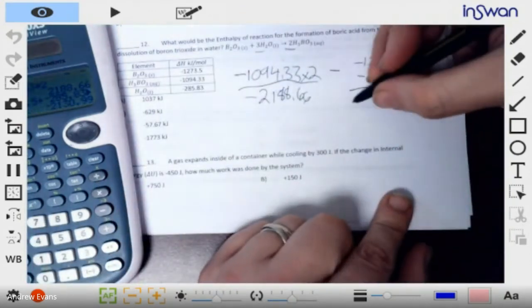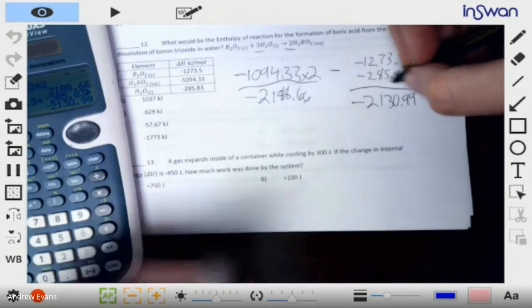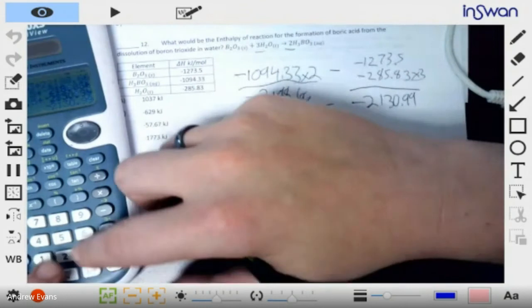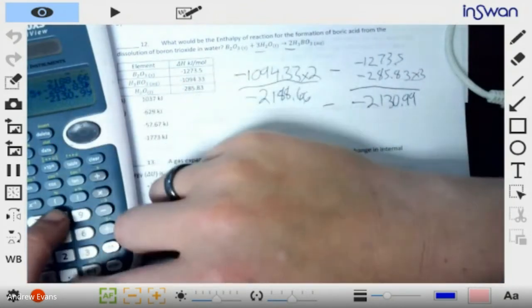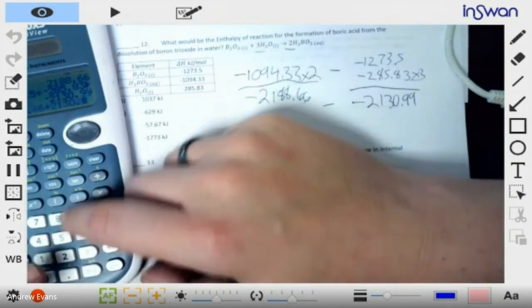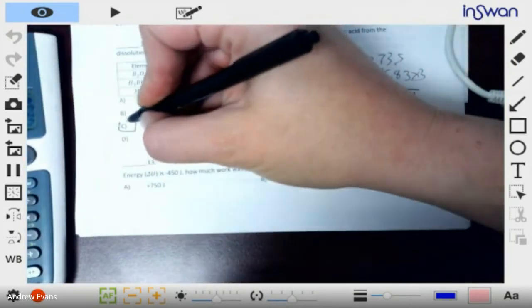That will give you negative 2130.99. You minus a negative 2188.66 plus 2130.99 gives you negative 5767.